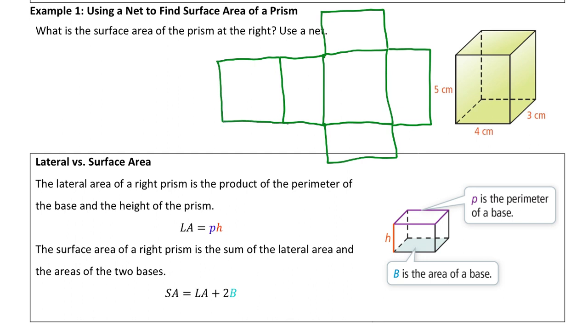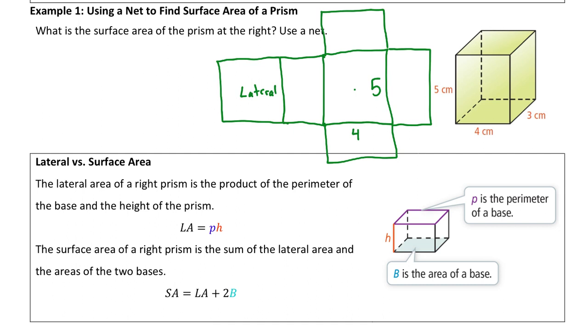So I understand this can be a little confusing, but it's essentially like unfolding a box. So if I'm talking about this as the front face, it's going to be 4 centimeters wide, 5 centimeters tall. So these are all lateral faces. All 4 of these are lateral faces, all right?